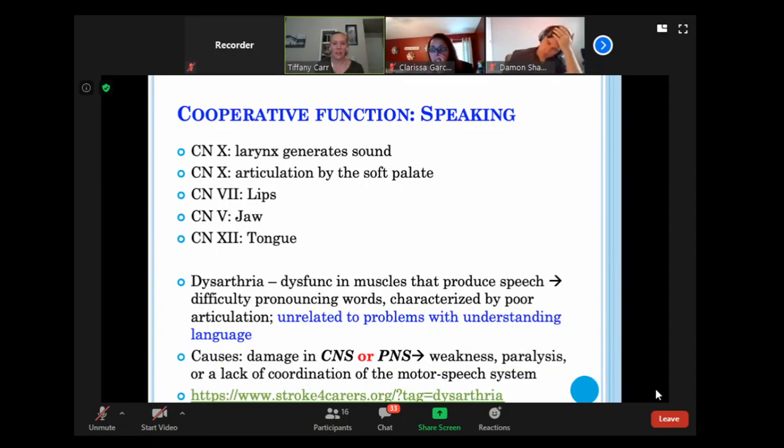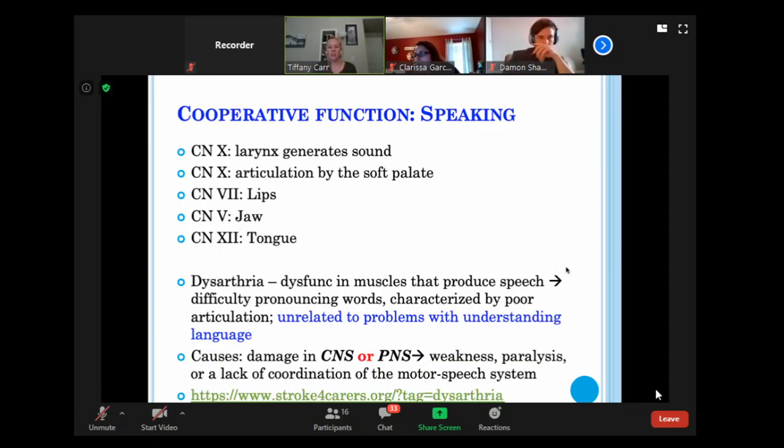So for the aspects of speaking, you can have the larynx to generate the sound, and the articulation on the soft palate. You can have the lips that move with cranial nerve 7, the jaw movement from cranial nerve 5, and cranial nerve 12 doing the tongue movement.